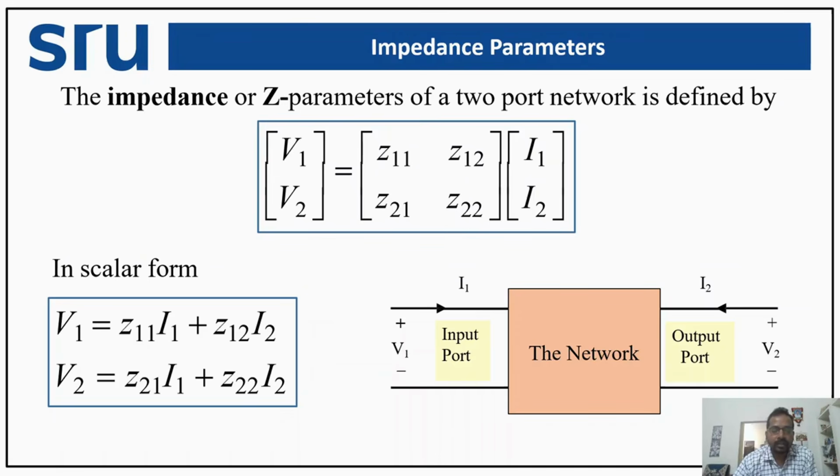Now, let us discuss what these four constants, Z11, Z12, Z21 and Z22, actually represent. They define the electrical behavior of the network. They capture how voltages and currents respond at the terminals.